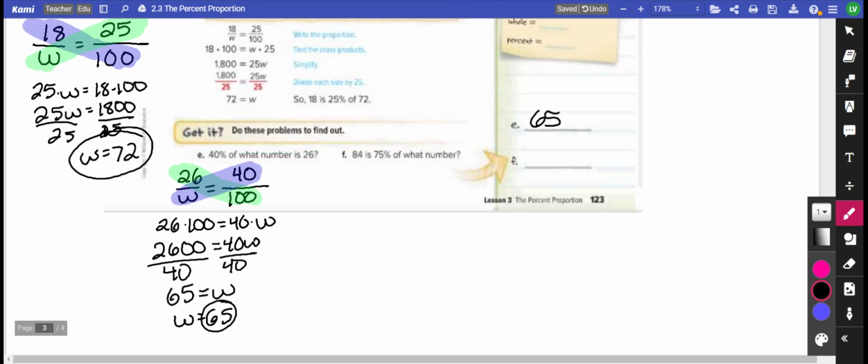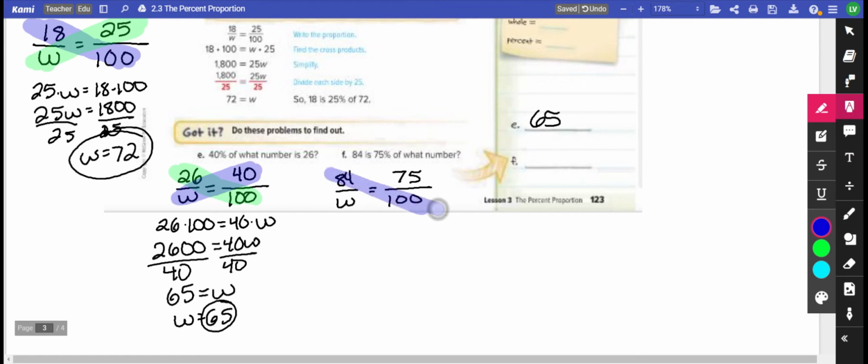Letter F, 84 is 75% of what number? So it's 75 out of 100%. 84 is my part. My whole is unknown.